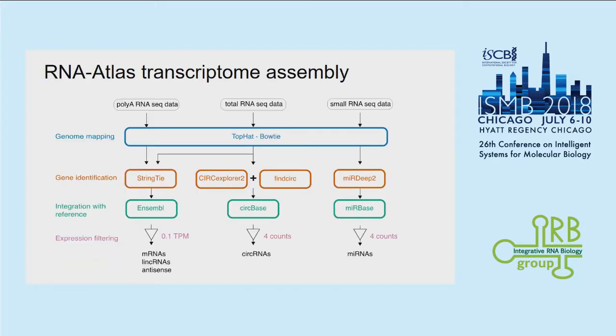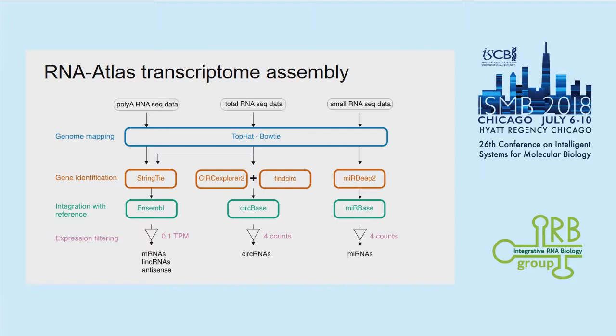So this is a very simplified overview of the workflow we employed to generate this transcriptome. I don't have time to go into detail here, but basically we applied specific tools for the different types of data, and we then integrated specific reference databases to identify known and novel RNAs from the biotypes of interest.